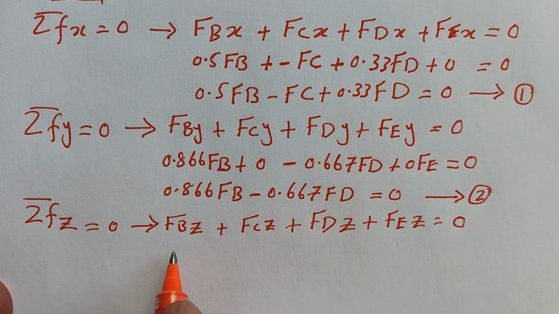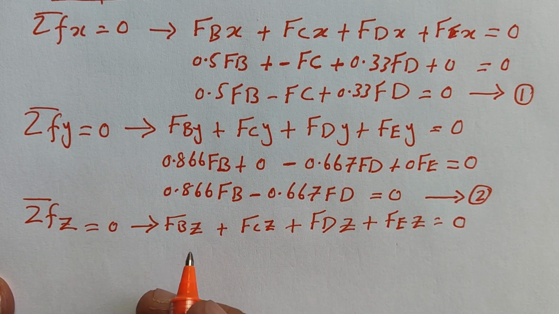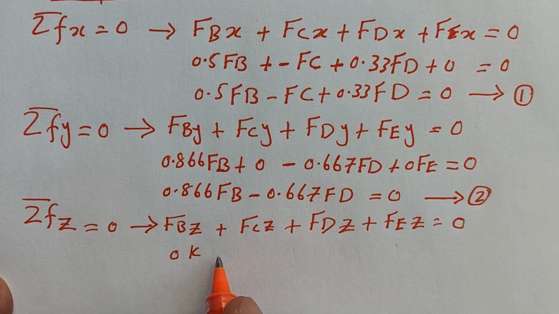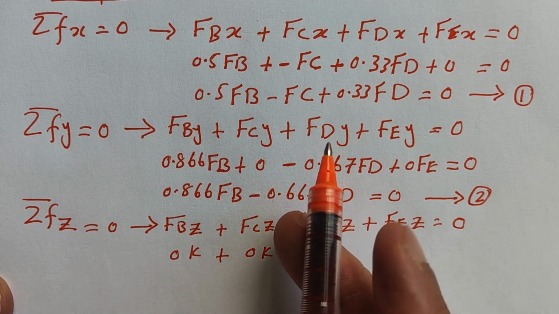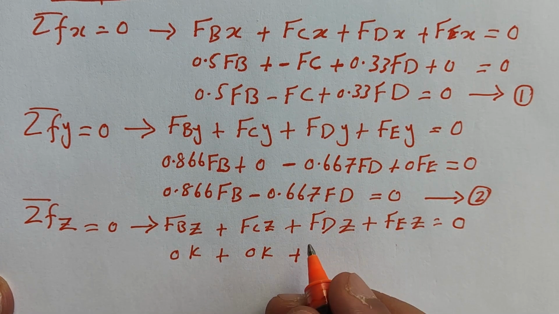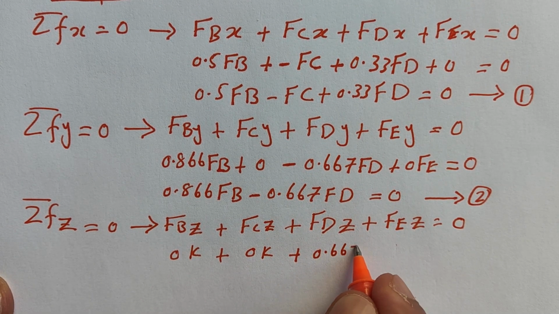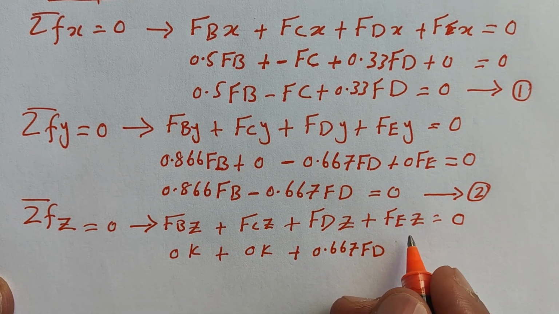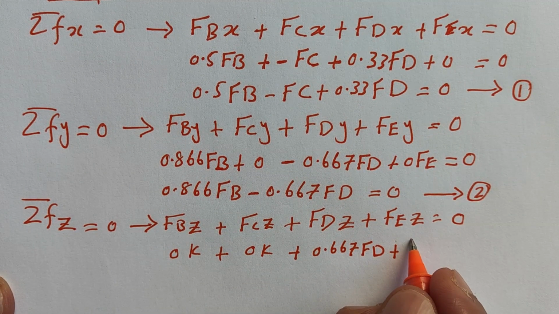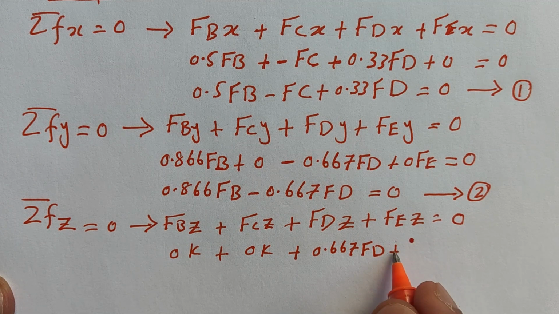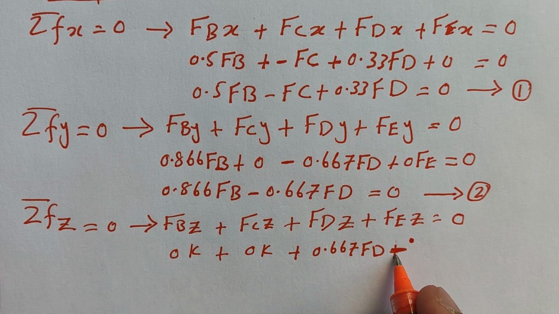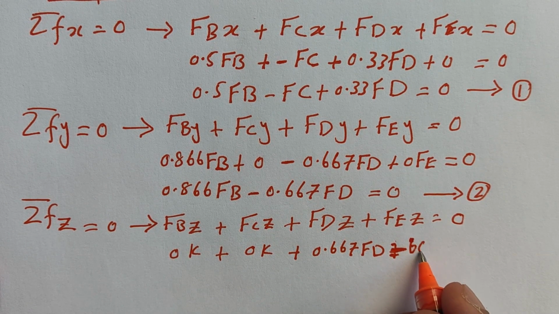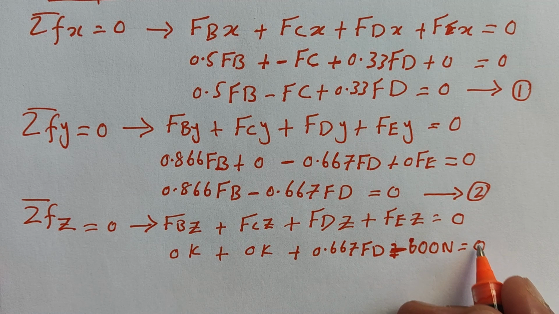We know that FB on the z-axis is 0 k components, and FC again is a 0 k component. FD is given here as 0.667 FD, and then FE, sorry, it's minus, it's straight downwards. This is negative 600 Newton. All of them should equal 0.